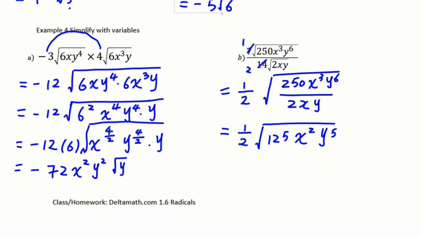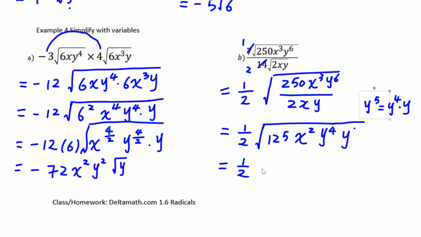Then for the y to the exponent 5, we want to write it as separate. One is even degrees, another one is odd. The odd degree needs to be less than this nth root. This is 2, so we want this one to be less than 2. The odd number is 1. So 4 plus 1. Before it was y5, we write it as separate y4 times y. The reason why we want to write it here is because we could square root these two with even degrees.